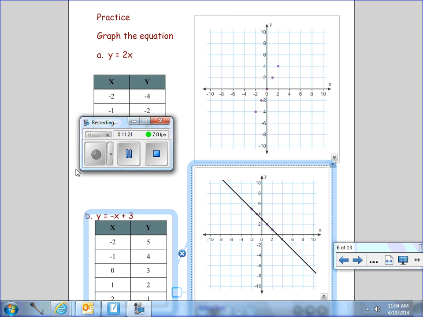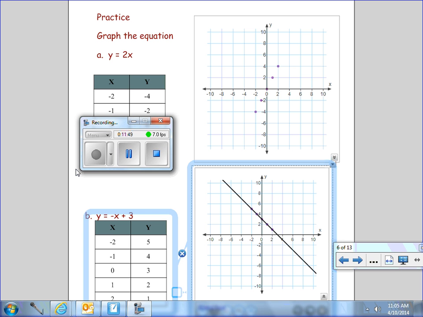Now notice in B, our table, the function was y is equal to negative x plus 3. Now, when you substituted x, your equation would have been y is equal to negative negative 2 plus 3. Or you could also say it is y is equal to the opposite of negative 2, and that would be 2.